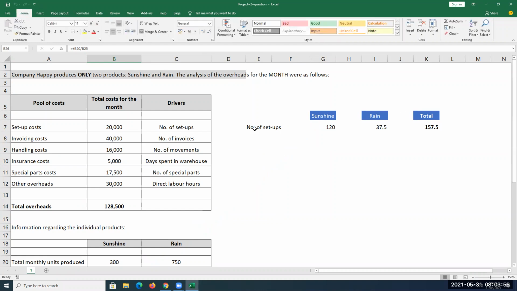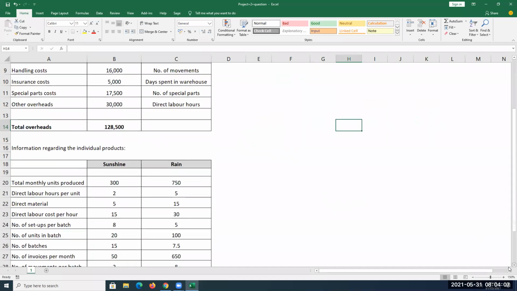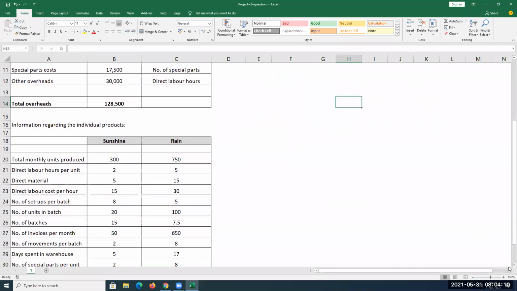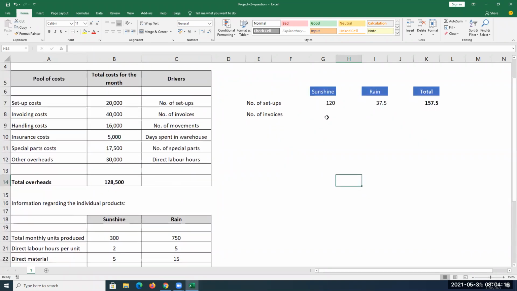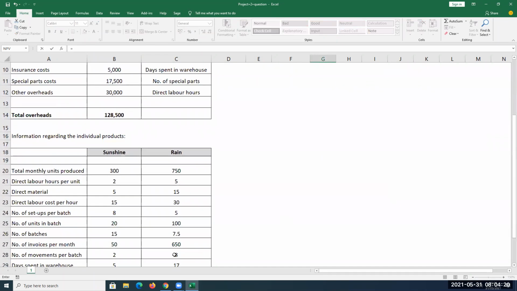So number of setups are done now. Next, number of invoices. For the Sunshine product, the number of invoices is given in the question. Number of invoices per month, 50. So you can use the equal sign and select where 50 is written.